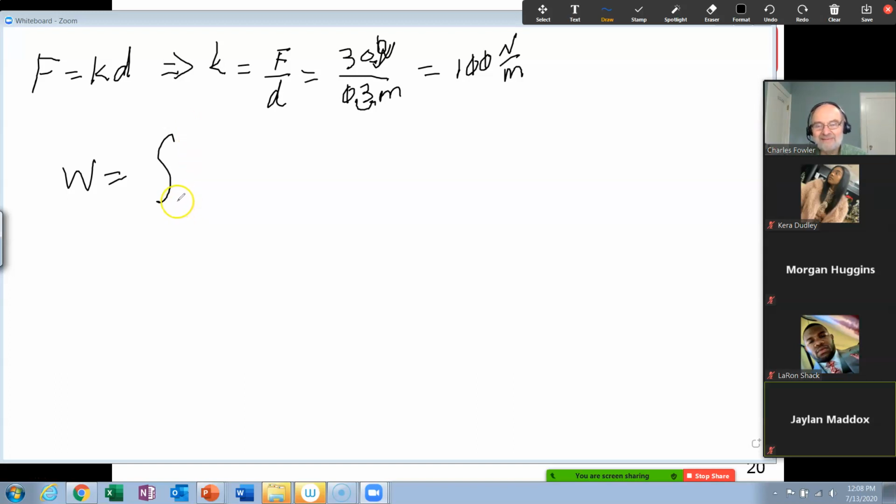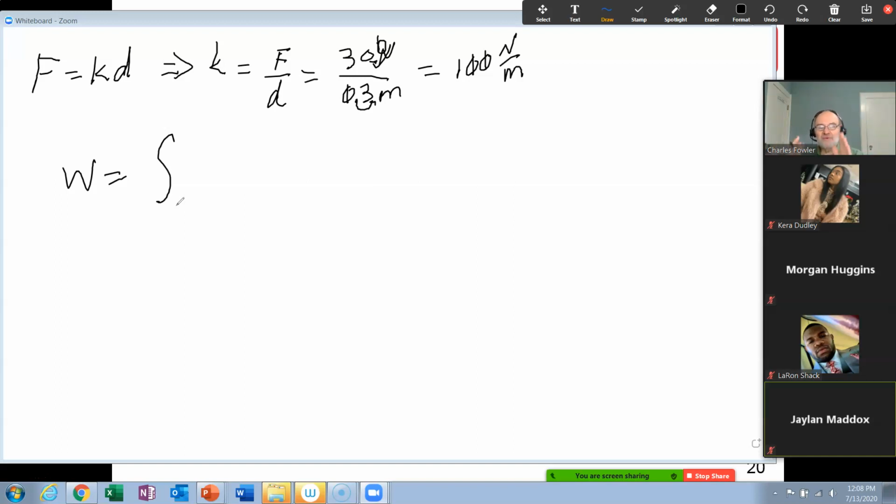Now, the spring was originally, and this gets just a little bit tricky with Hooke's law.